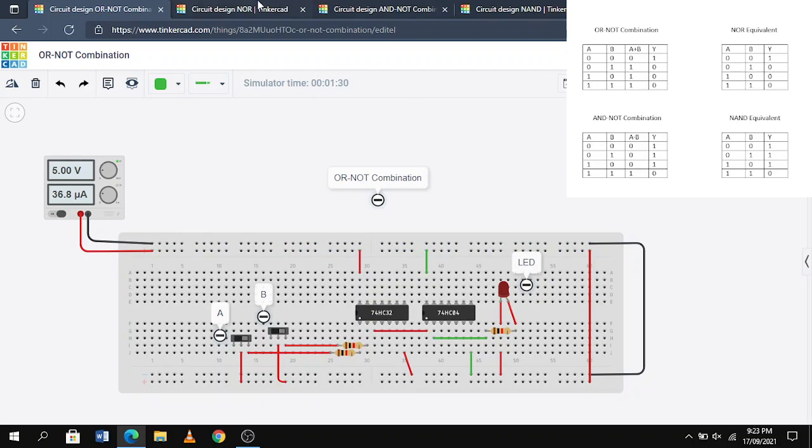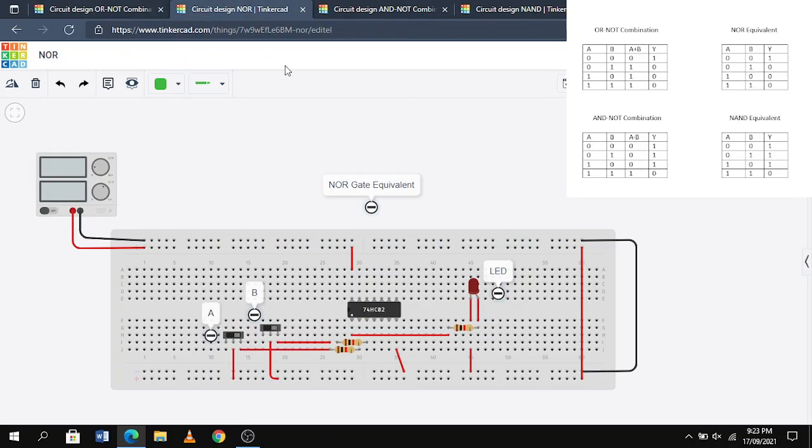So next I am gonna go to my NOR equivalent circuit. So in this NOR equivalent circuit, I have the quad NOR gate. So the nature of the NOR gate is that if either A or B, or it can be both A and B, are not true, are at logic 0, then Q will be at logic 1.